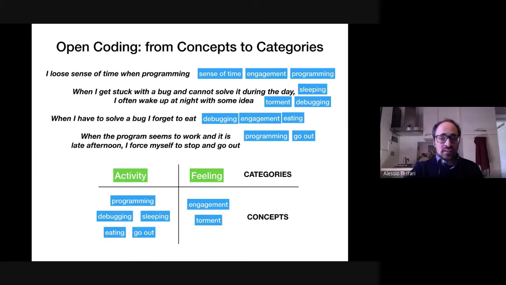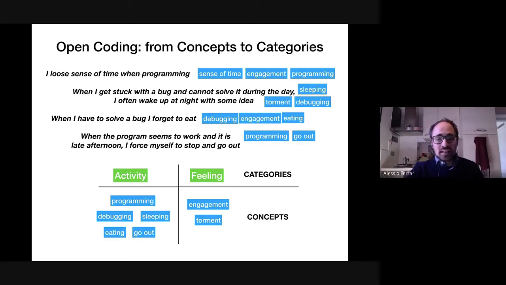Now it seems easy. It's not always easy, because I understand afterwards that these people are speaking about activity and feelings. I didn't know in advance, so I may have introduced a lot of codes that do not fit with this vision, and a different vision may be included.